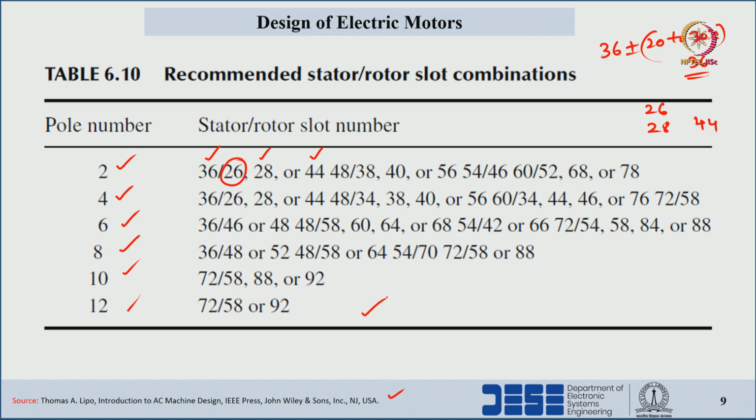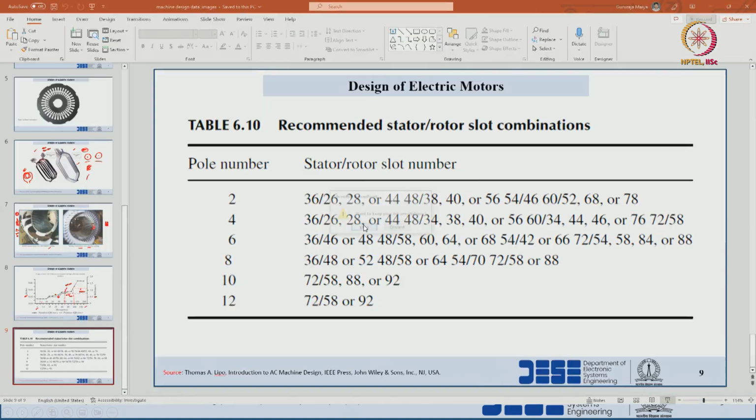If we require the standard slot combinations, we can get them from these stator and rotor slot combinations. Other than these rotor slot combinations, we can design the rotor with any slot number, but we have to skew the rotor to minimize the slot harmonics and other crawling, cogging, noise and vibration effects.